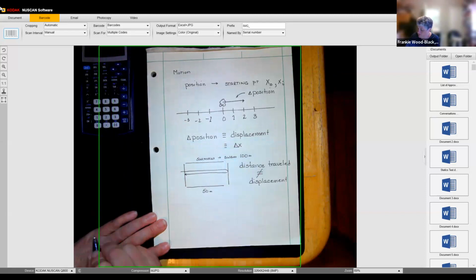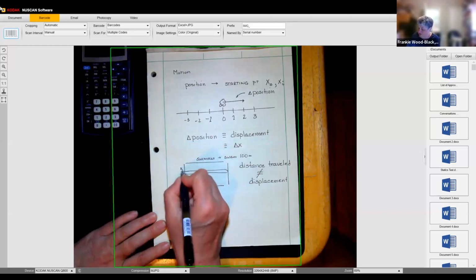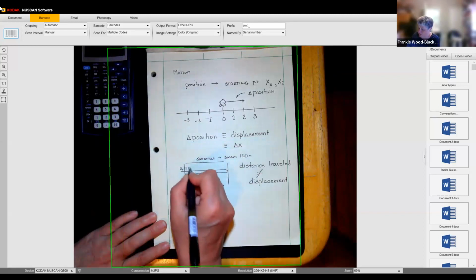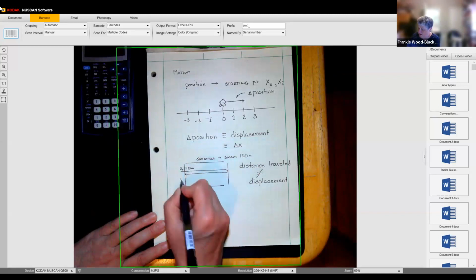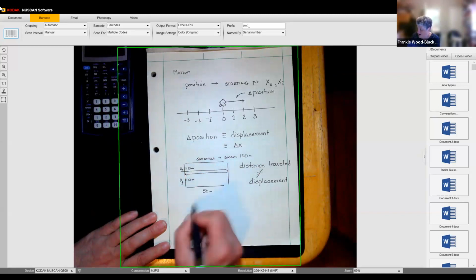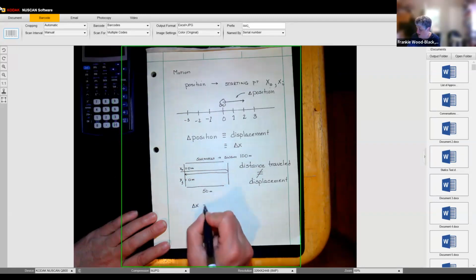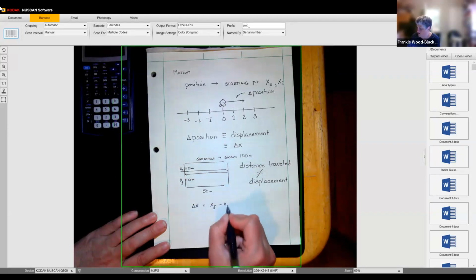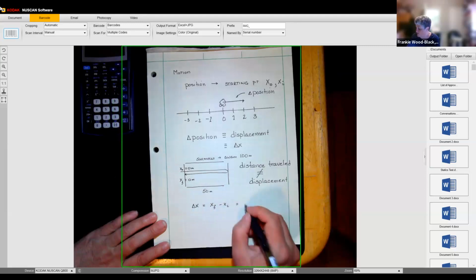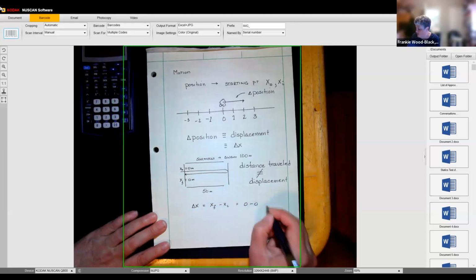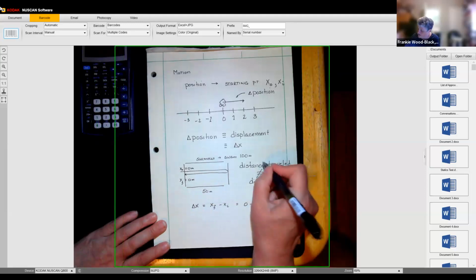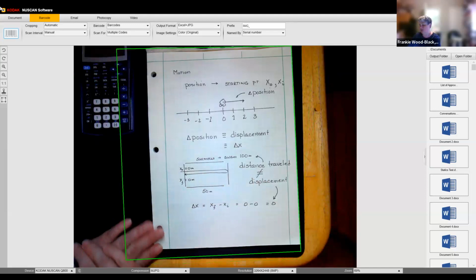But my displacement was my X sub 0 is equal to 0 meters. My X final is equal to 0 meters. My change in position, my change in X, is my X final minus my X initial. So I have 0 minus 0 is equal to 0. So my displacement's 0, but my distance traveled is 100 meters.